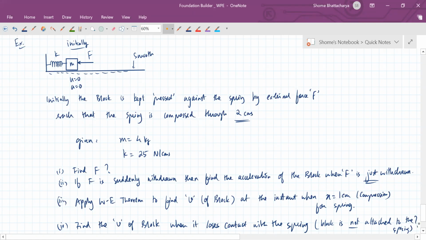You'll realize it's just the reverse of what was happening in the first question we had discussed. There the block initially had kinetic energy and it was compressing the spring, converting kinetic energy into potential energy as the spring was getting compressed more and more. Here it is the reverse. Initially the spring has potential energy, and as the spring pushes against the block, it converts that potential energy to kinetic energy.